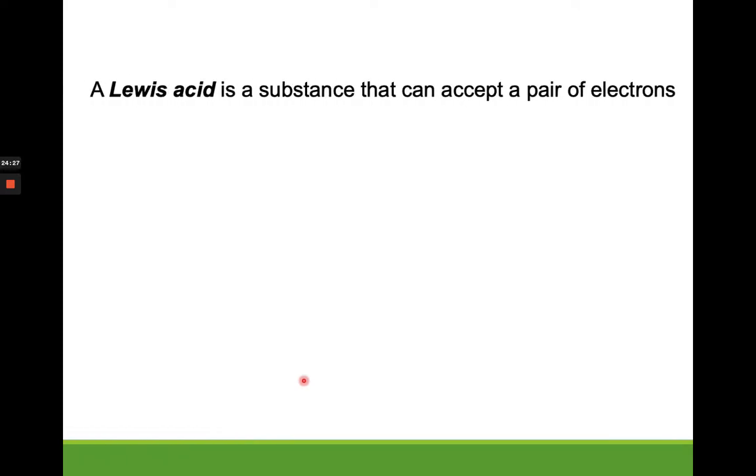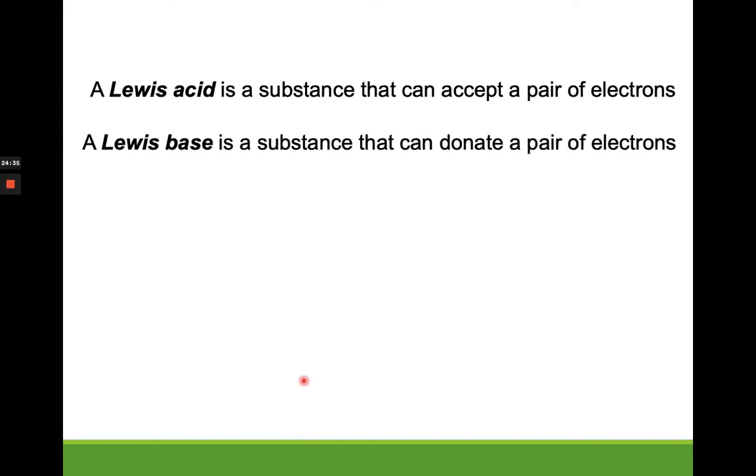The last model or classification is the Lewis acid and the Lewis base. So a Lewis acid is a substance that can accept a pair of electrons, while a Lewis base is a substance that can donate a pair of electrons. Okay, so this is now in terms of whether the species can donate or accept an electron pair.